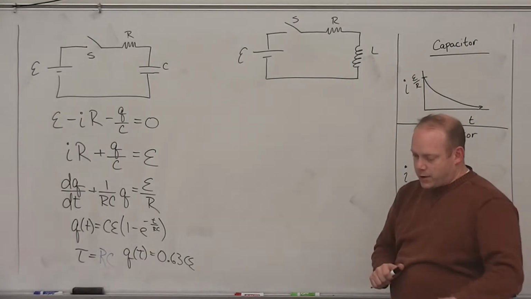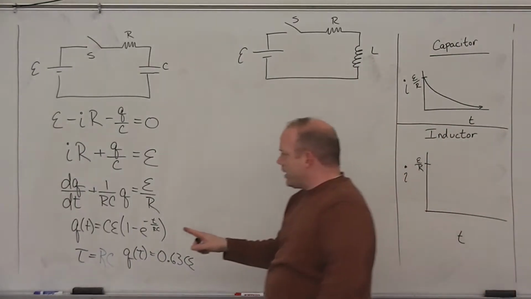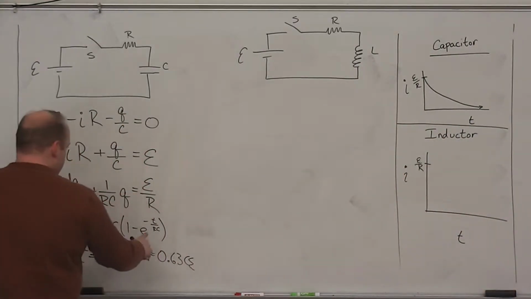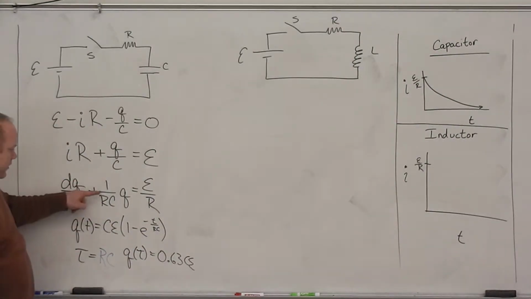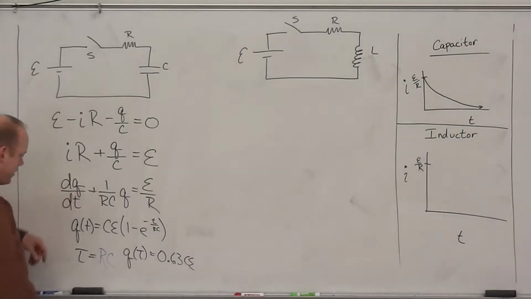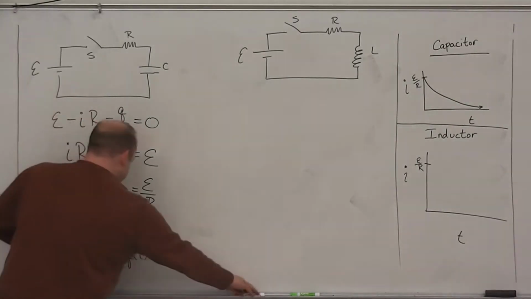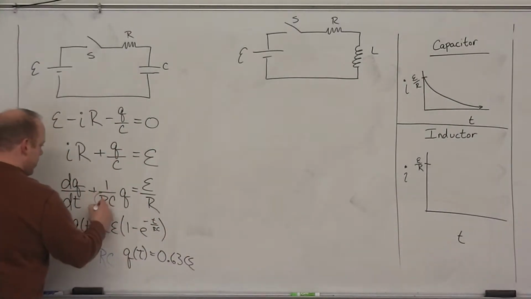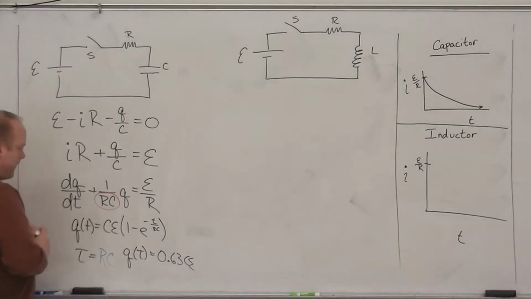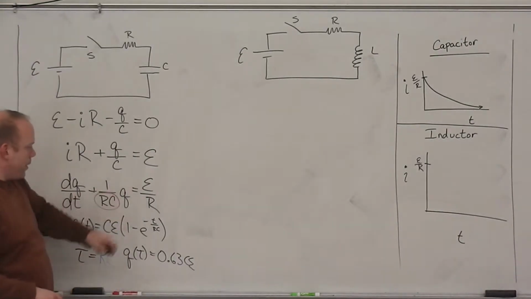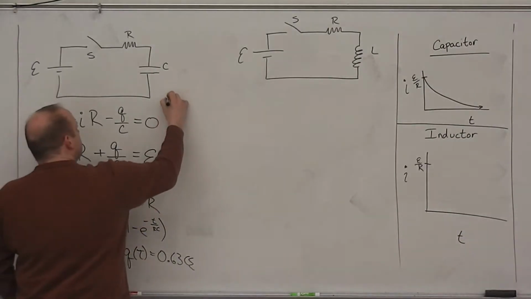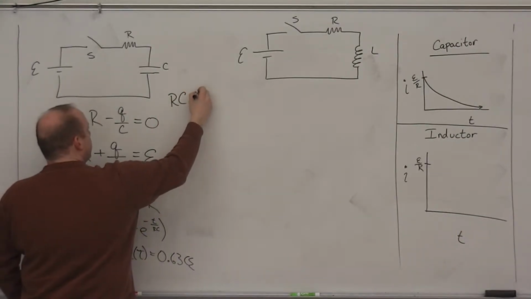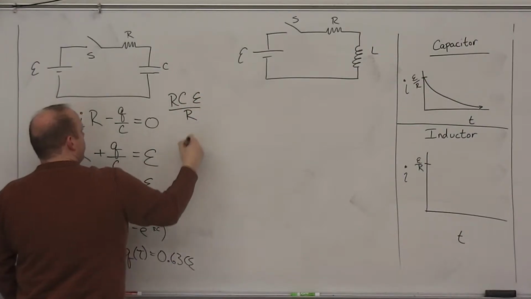But anyway, something to note, just a little side note. How did we come up with this CE? Well, I have 1 over RC, and this RC here is really key. Let's take a look at that. If I take that RC and multiply by E over R, why would we do that? Well, you'll learn at some later time, probably not with me.